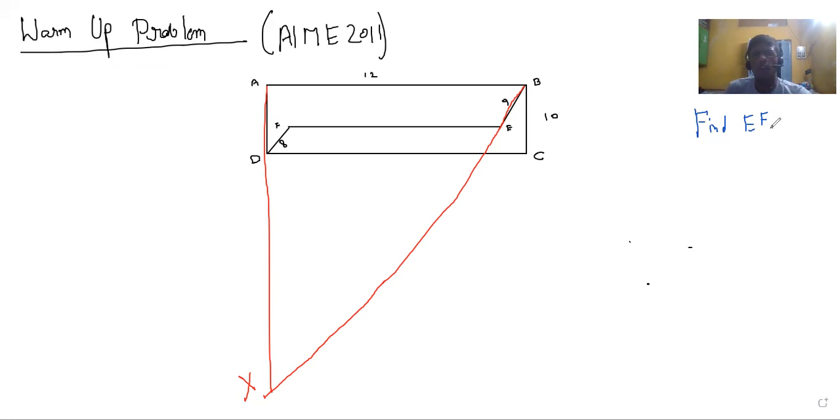This is AIME 2011. How do you find EF? Any ideas? I suppose you guys would have tried this.